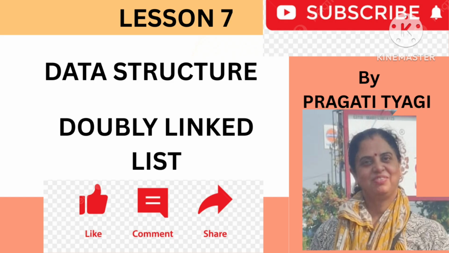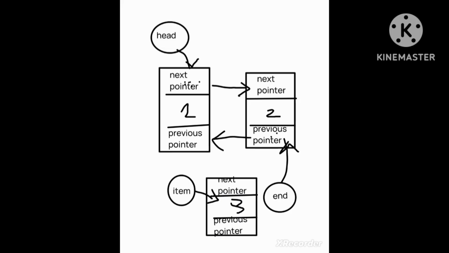Now let us have a quick look at the diagrammatic representation of how the doubly linked list insertion operation is performed. So here is a diagram. In this we have to insert the third node between 1 and 2. First of all we will consider the case of the forward direction, and in the forward direction we will first link the next pointer of the item node to the next pointer of the first node.